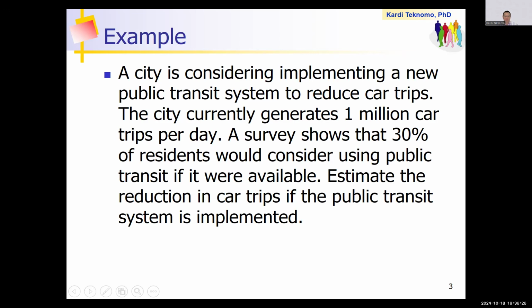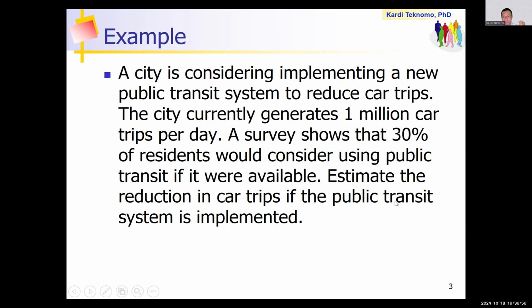Let's start with a certain example. Suppose one city wants to implement a new public transport transit system to reduce car trips. The city currently generates, say, 1 million car trips per day. The survey shows that 30% of residents would consider using public transit if it is available.